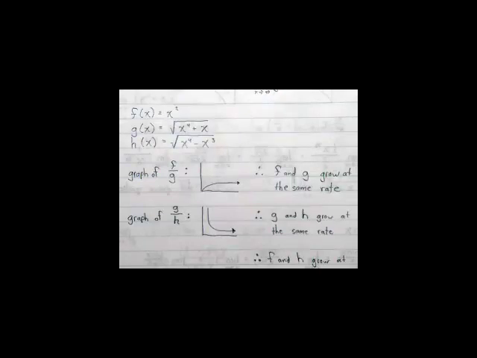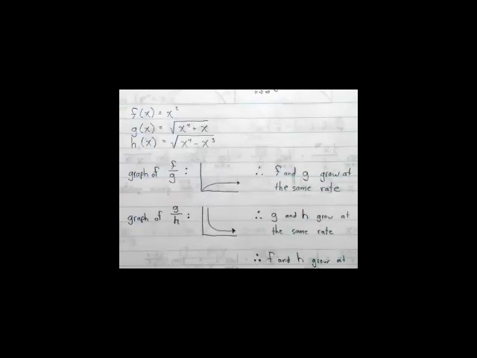If a equals b and b equals c, a equals c, that's the transitive property of equality, right? Well, there's a transitive property of this stuff too. If f and g grow at the same rate and g and h grow at the same rate, f and h grow at the same rate. We just did that right there using that same kind of idea. You guys naturally were able to apply that.